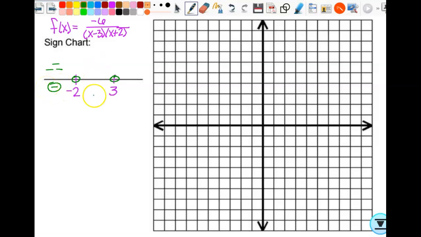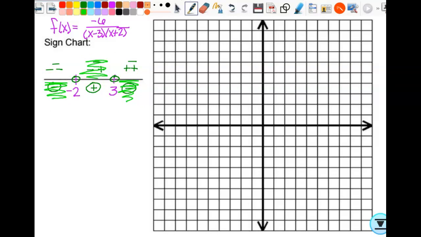Can substitute in a 0 here, so I have a negative in the numerator, and then negative, positive, that's positive overall. Then I have 3, or I'll use 4, I'm sorry. I have a negative in the numerator, then positive, positive, then negative overall. So negative, positive, negative.